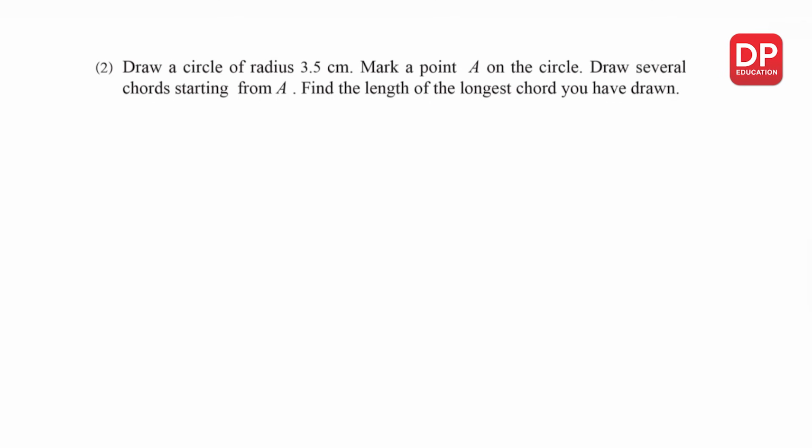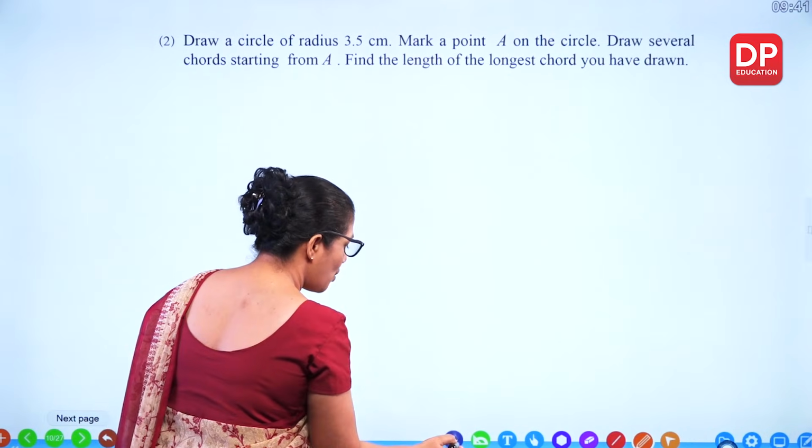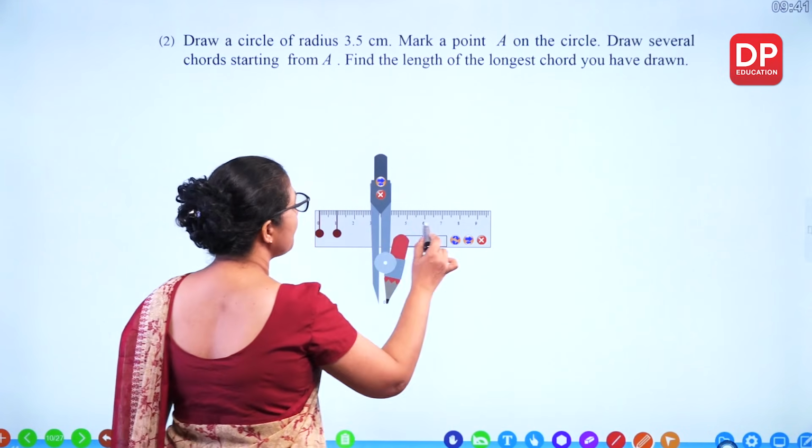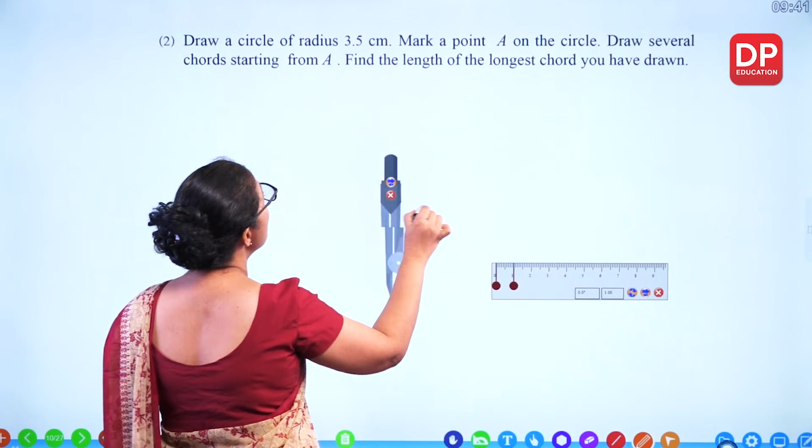Question number 2. Draw a circle of radius 3.5 centimeters. Mark a point A on the circle. Draw several chords starting from A. Find the length of the longest chord you have drawn. So take the ruler and the compass. Now the radius is 3.5.